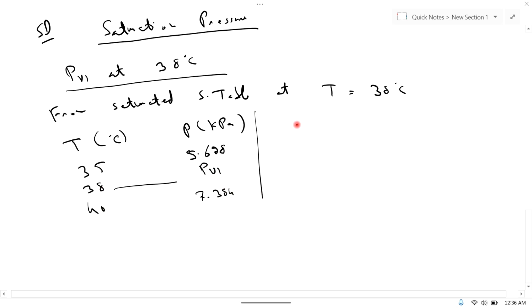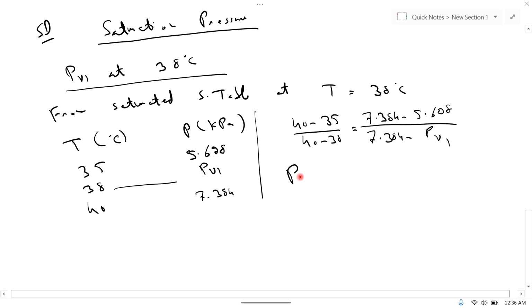So third minus first divided by third minus second is equal to 7.384 minus 5.628 divided by 7.384 minus PV1.